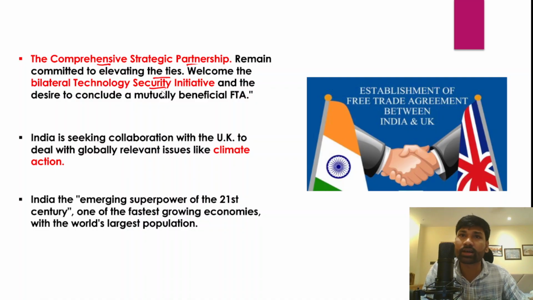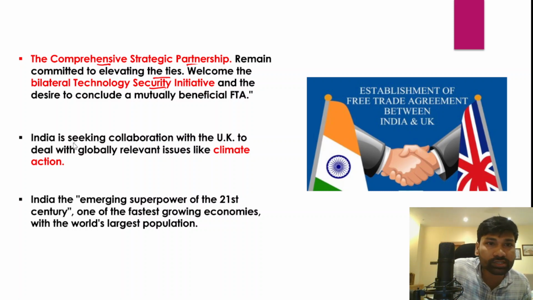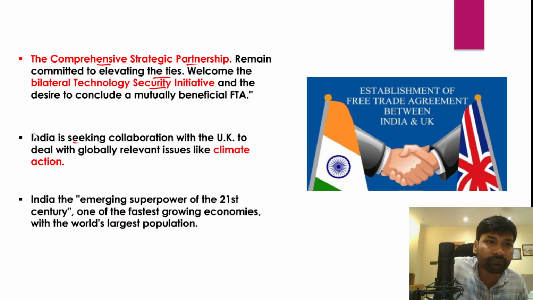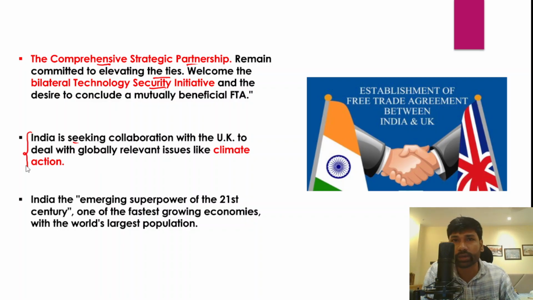That would be beneficial for both of these countries to further give a boost to the bilateral trade. And in fact, India is also seeking a collaboration with the United Kingdom to deal with relevant issues at the global level, for example, terrorism, counter-terrorism, fight against climate change. All these things are very important, and India and UK have been cooperating and collaborating with each other on these globally relevant issues.